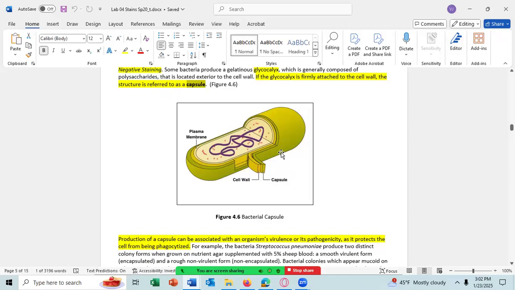The production of the capsule can be associated with the organism's virulence or its pathogenicity, as it helps protect the cell from being phagocytized. So usually if a patient has a bacterial infection with a cell capsule, it's usually virulent because the host will have a hard time removing these cells.